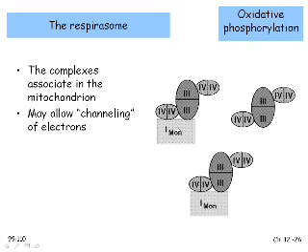So for instance, here's a complex 1 that's interacting with a complex 3, and that complex 3 has a couple of complex 4s attached to it, so that you can end up transferring those electrons right on down. So the thought is that these assemblies of complexes allow for a more efficient transfer of the electrons. It's called the respirosome.